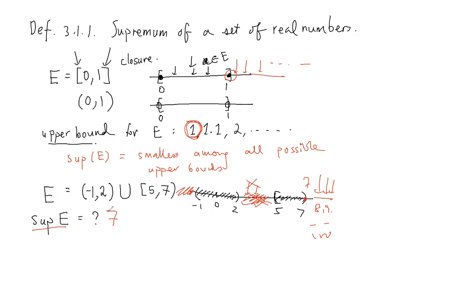And after that, I want to explain the small difference between the supremum of a set and the maximum of a set. Sometimes they are the same, but in general they are not the same, although in certain situations they can be the same.